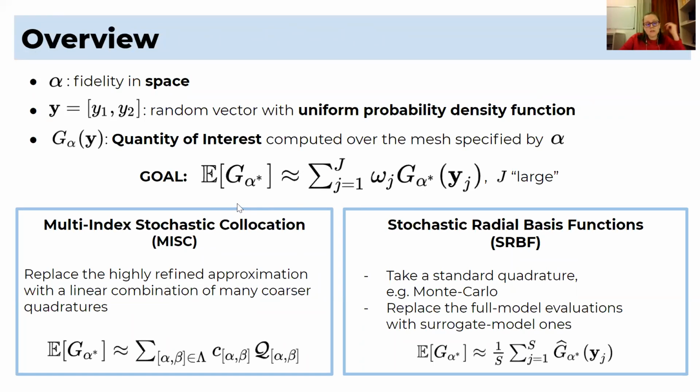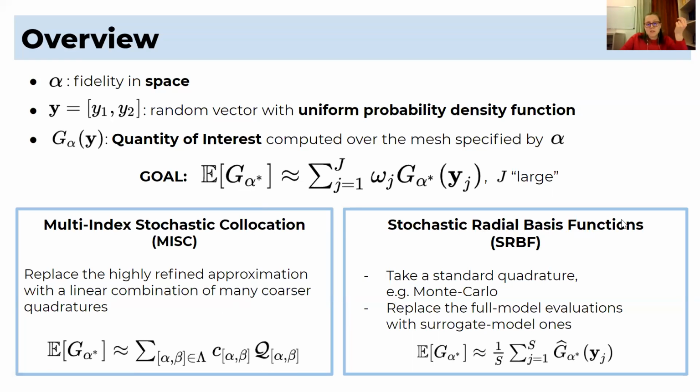Then for the two methods, I want to give you the main ideas of what is the difference between the two of them. What multi-index stochastic collocation does is to replace this E of G of alpha star, this very refined approximation in physical space and parameter space, with a linear combination of many coarser quadratures, coarser in physical space and in parameter space.